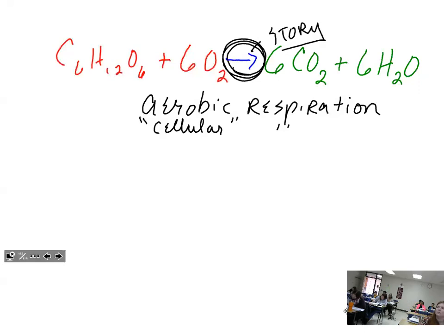If you don't know the story, you can't learn chemistry. So do you want me to tell you the story? Do you want me to tell you how you can go from 1 glucose molecule and 6 little oxygen, and what the story is that's going to get you to these? Sure. Okay.